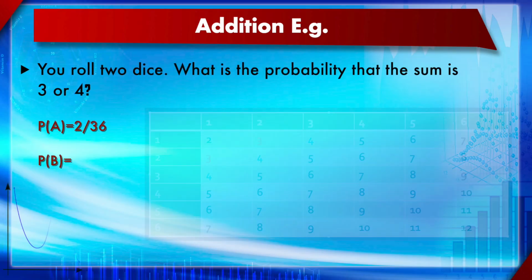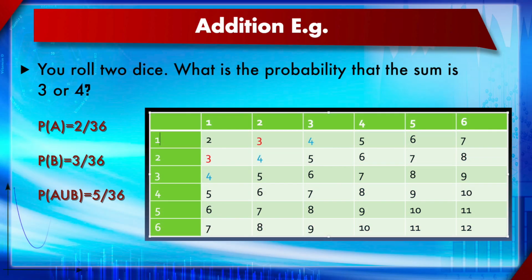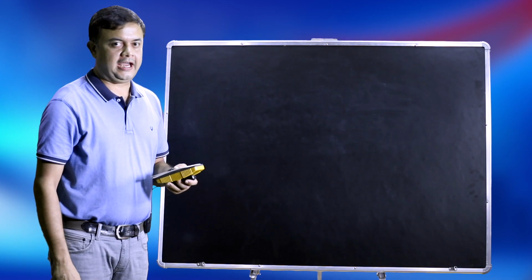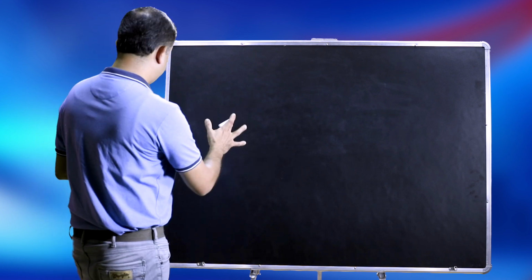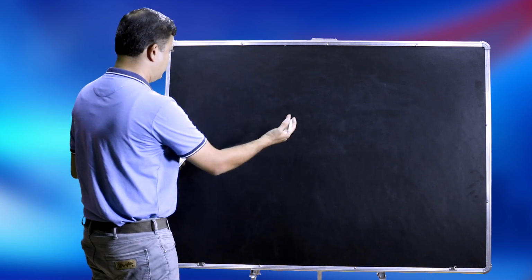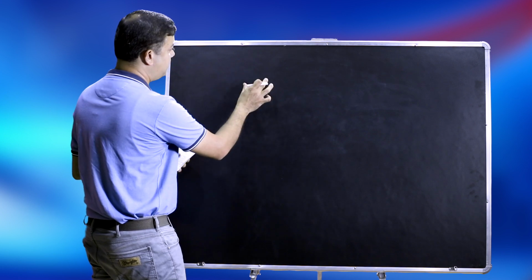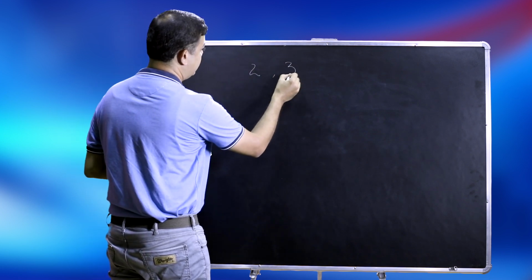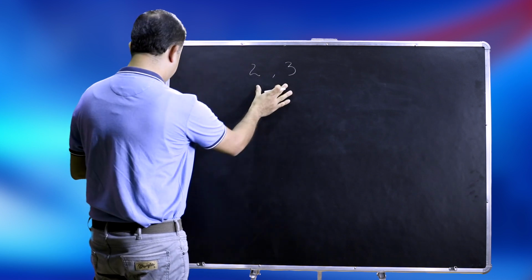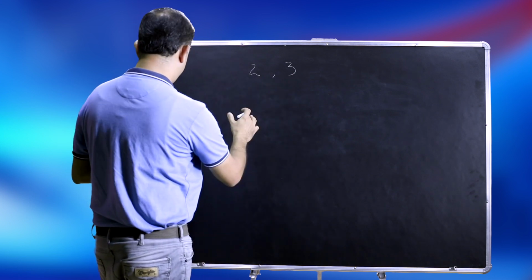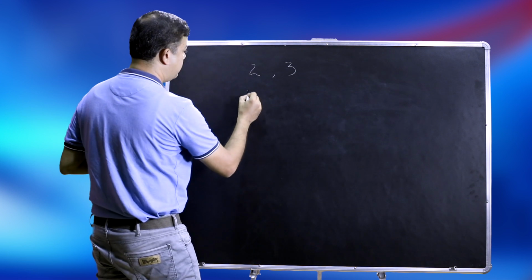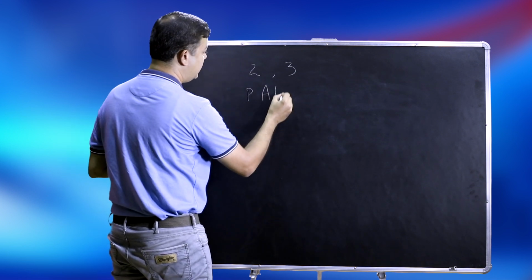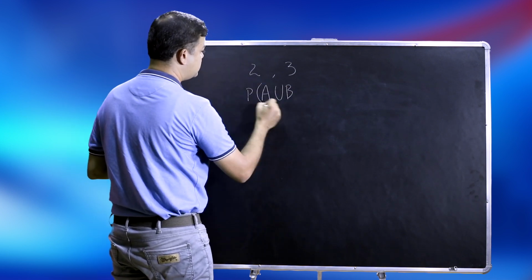Another problem, you roll 2 dice. What is the probability that the sum is 3 or 4? Whiteboard number 8. So in this case, we are having 2 rolls. We have to see the probability of A union B. So probability of A union B, that is the addition rule.